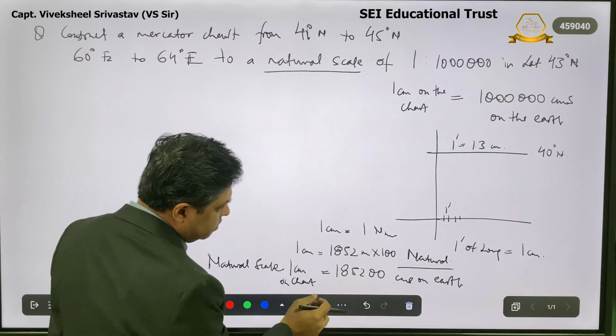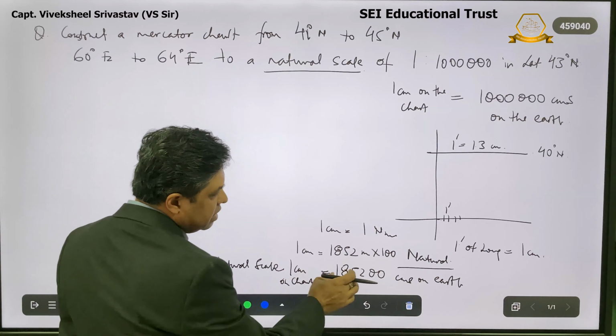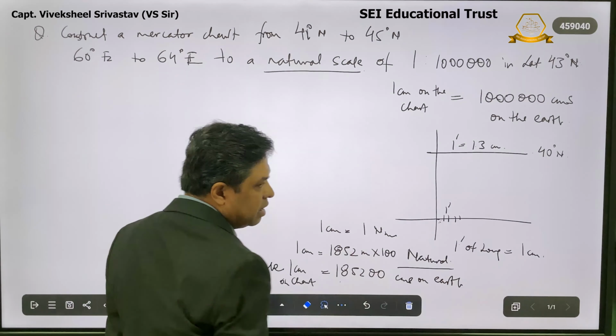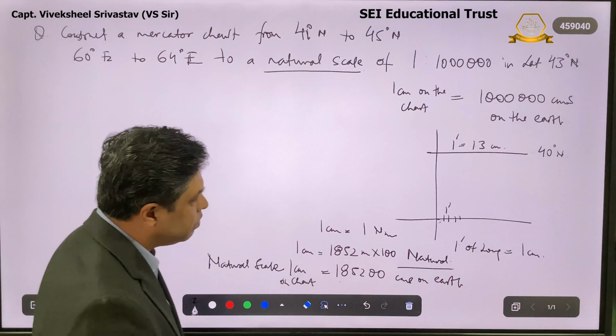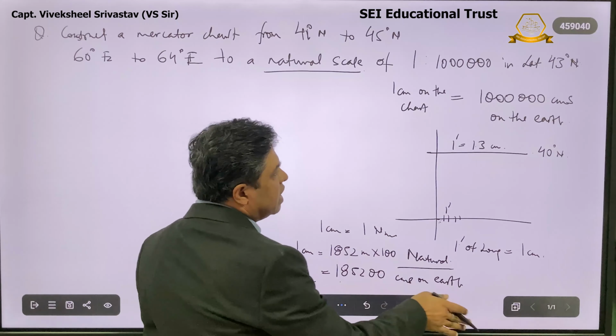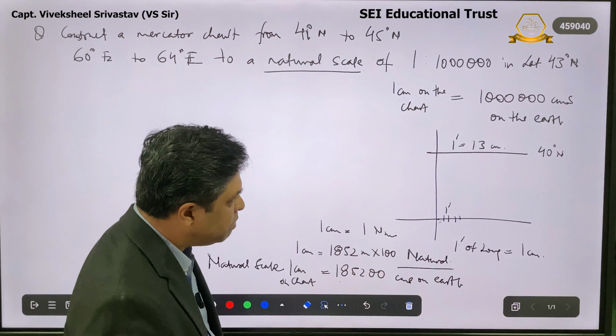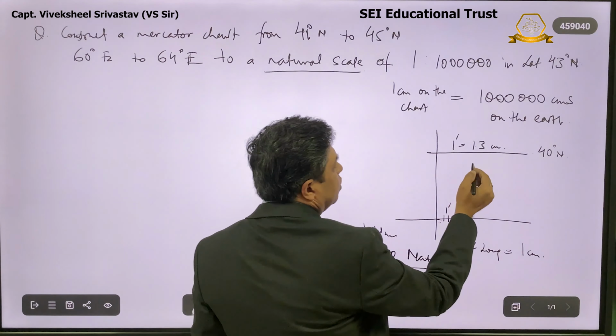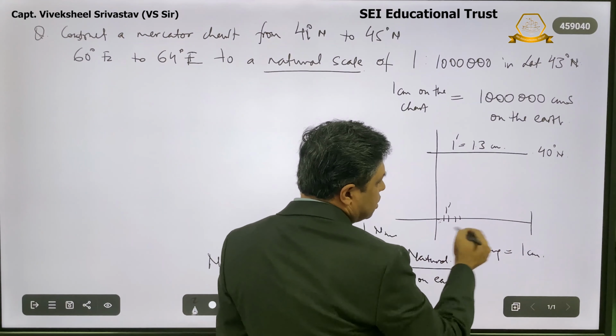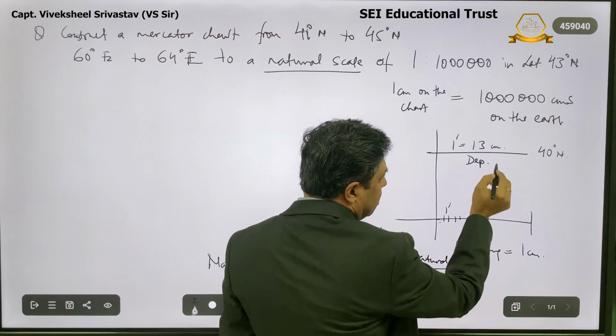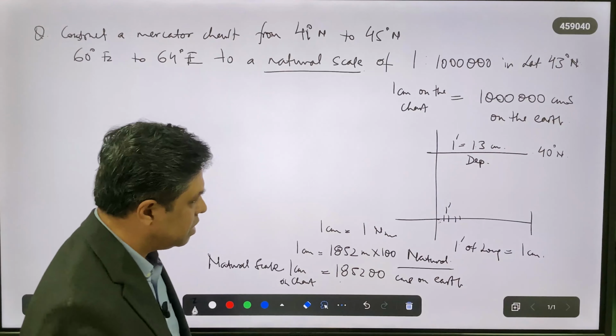So this natural scale is for this equator. So if I have to convert it to the natural scale at this latitude, I must find the departure at this latitude between that much of longitude. I must find that departure. All right.